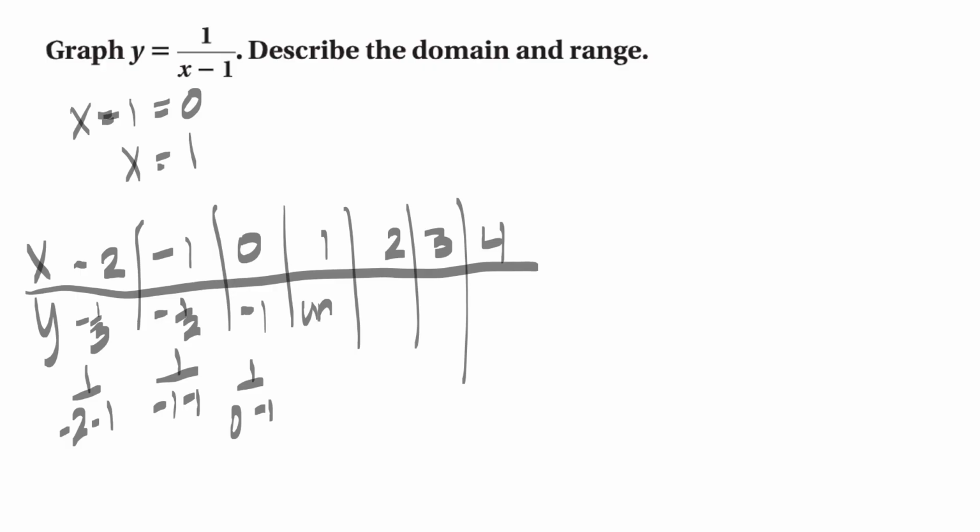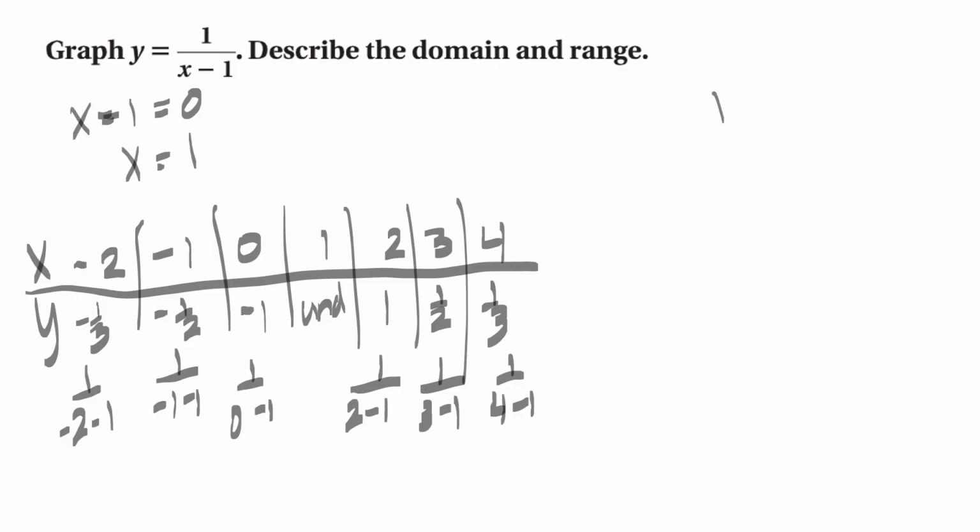This would be undefined, so that's our excluded value. Then we plug in 2, so we have 1 over 2 minus 1, so that would be 1. 1 over 3 minus 1 would be 1/2. And then 1 over 4 minus 1 is 1/3.